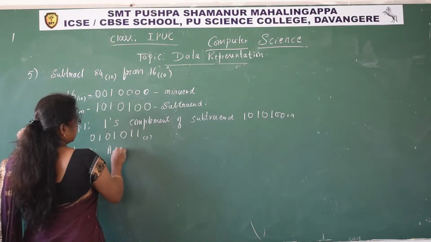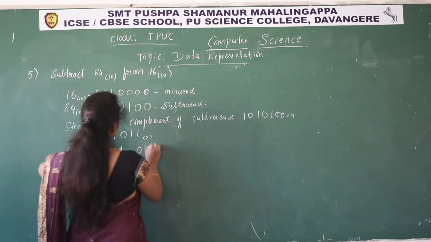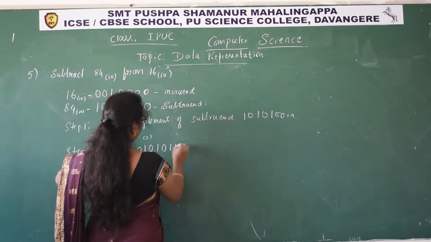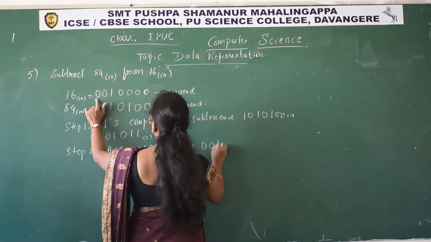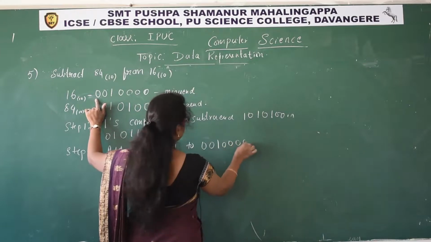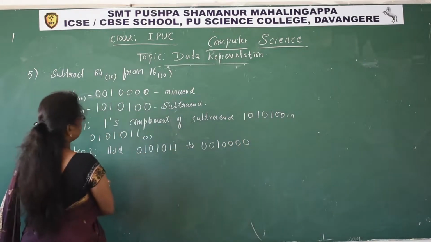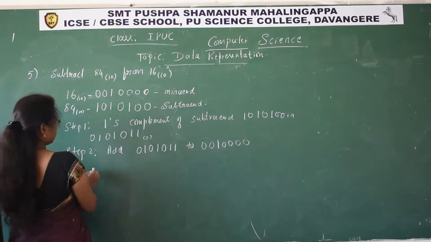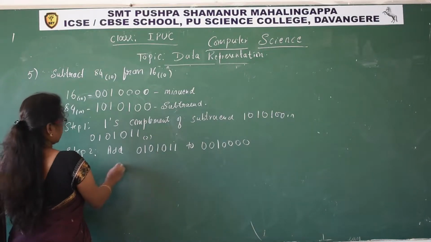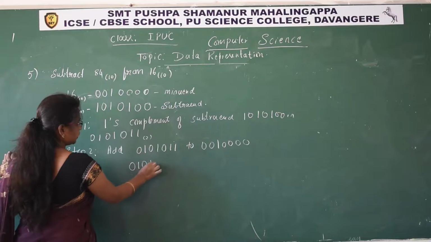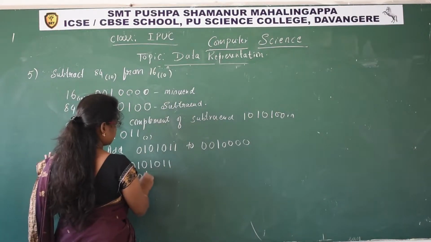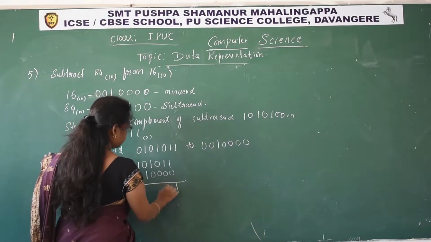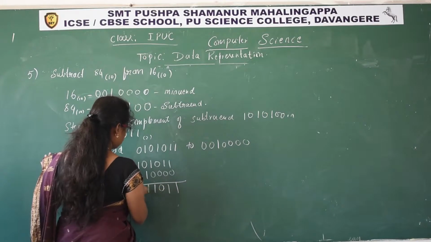Add 0101011 to the minuend, that is 0010000. 0101011 plus 0010000 is 0111011.